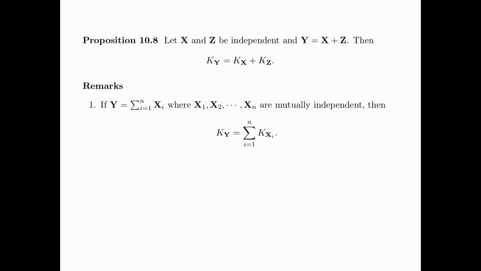If y is equal to the summation of x_i, i from 1 up to n, where x_1, x_2, up to x_n are mutually independent, then the covariance matrix of y is equal to the sum of the covariance matrices of x_i, where i is from 1 up to n. When x_i are scalars, this reduces to the variance of y is equal to the summation of the variances of x_i, i from 1 up to n.